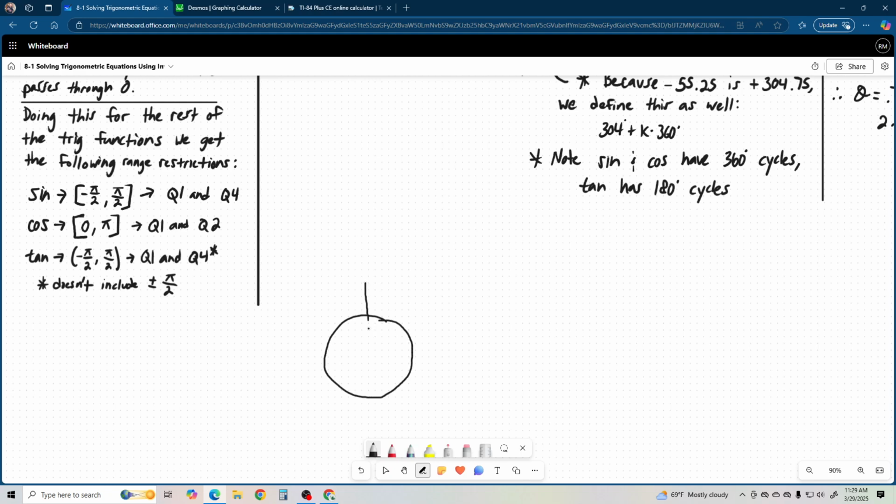If I have my quadrants, right? If I have negative pi over 2, which is down here, sine exists only, I'll use red, sine exists only in this area, right? This is the only place that sine can exist. And remember, this other angle exists over here, which is not in our restricted range. And remember, we had to restrict the range.